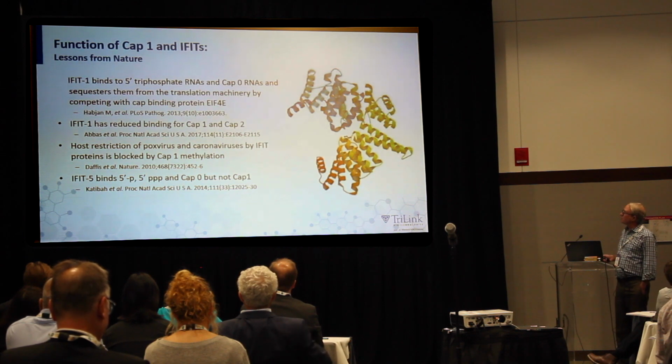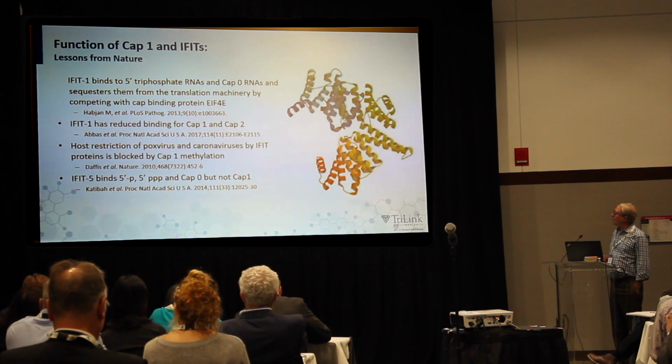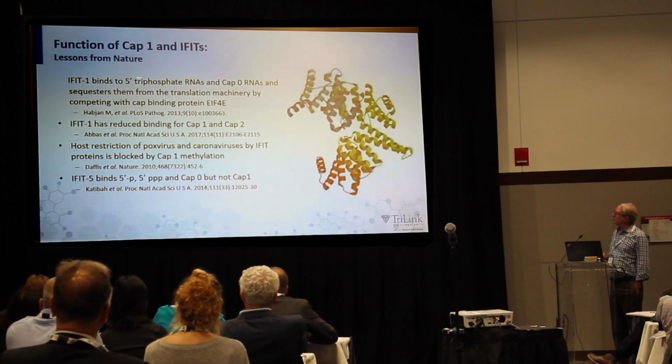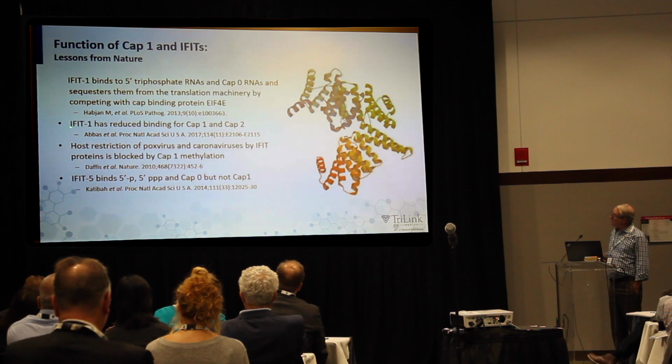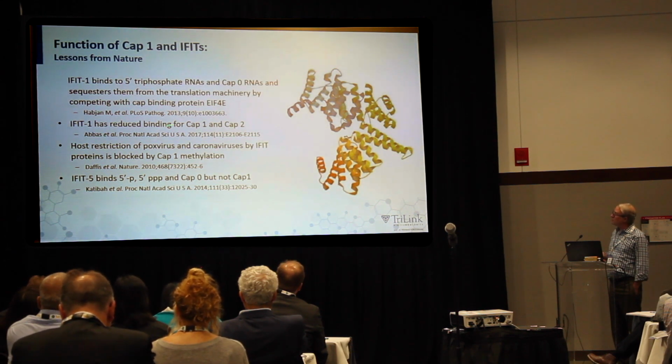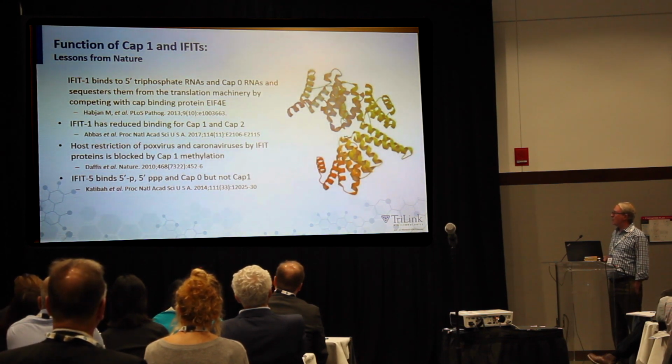There's a series of proteins called IFITs 1 through 5, and these recognize RNAs with a 5' triphosphate or cap0, bind to them, sequester them from the translation machinery, and compete for binding by cap binding protein. Interestingly, it's been shown that IFITs have reduced binding for cap1 and cap2. For example, when you take a pox virus or coronavirus, the host restriction to that virus is blocked by cap1 methylation.